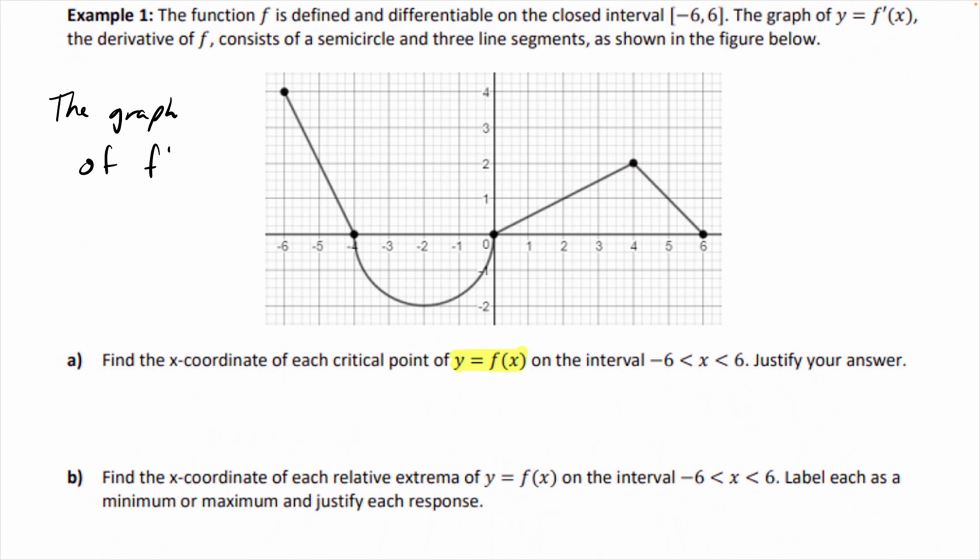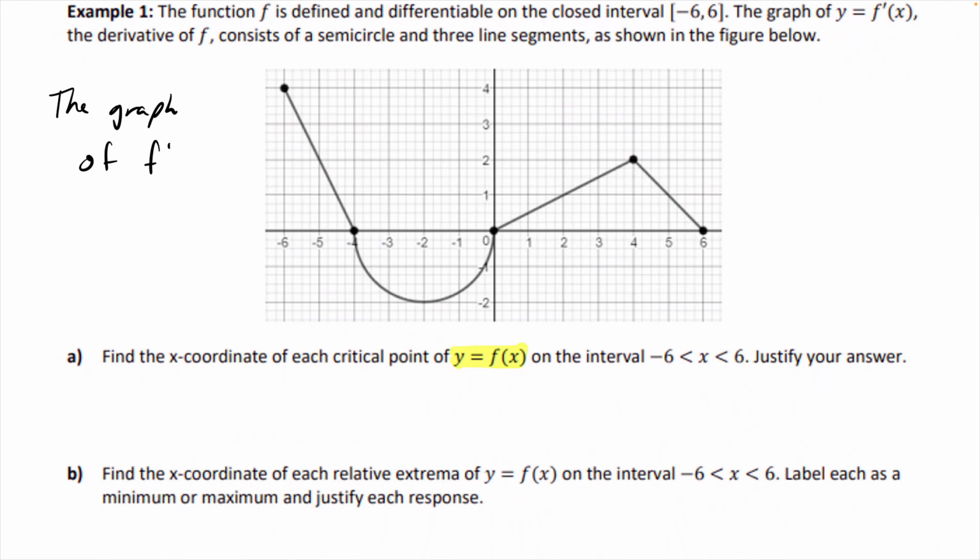Okay, so tell me about critical points. How do we find critical points or critical values? What do we do to find those? Before that, even before that. Find the derivative, find the first or second derivative. To find critical values, to find critical points, that's a first derivative thing, right?